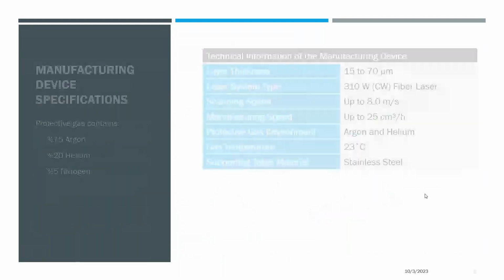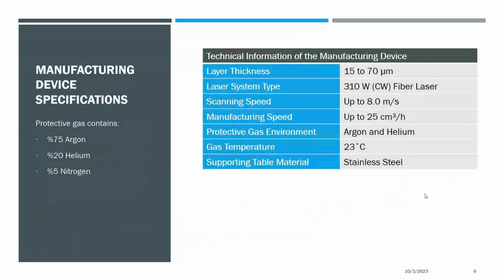The manufacturing device specifications. You can see a table of the technical information of the manufacturing device in front of you. The layer thickness was 15 to 70 micrometers. The laser type was a 310 watt fiber laser. The scanning speed was up to 8 meters per second, and the manufacturing speed was up to 25 cubic centimeters per hour.